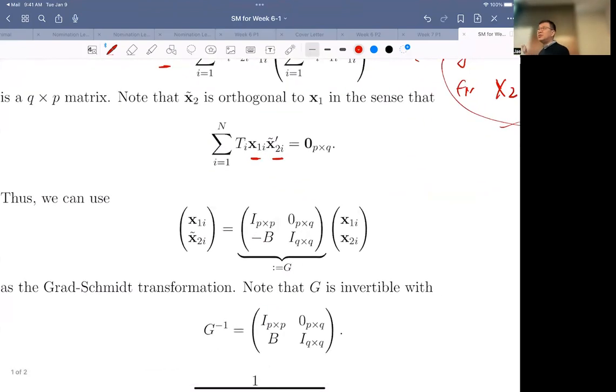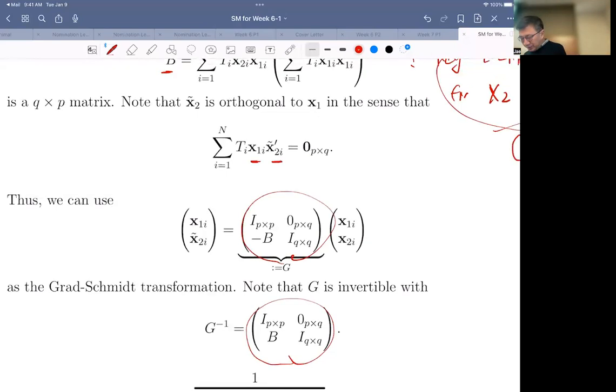You can find this document in the Canvas. And then this matrix has an inverse. And you can check: if you multiply this one to this one, you can get a diagonal matrix, right? So this should be the inverse.